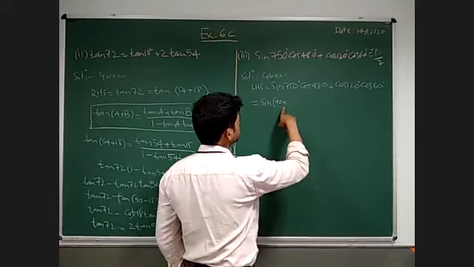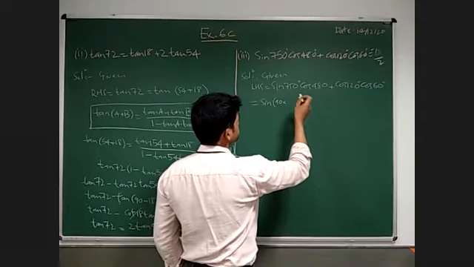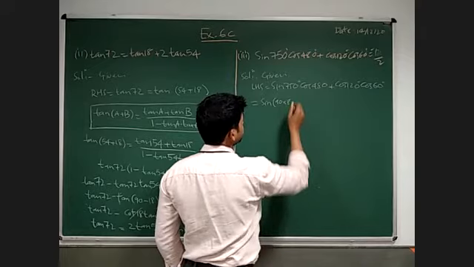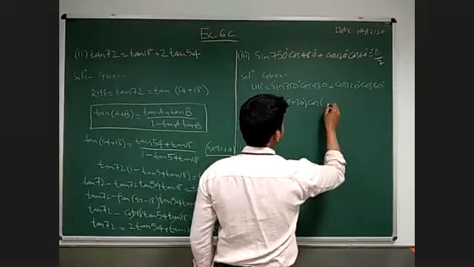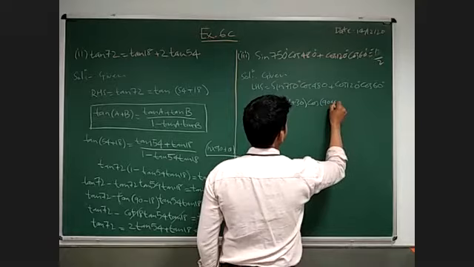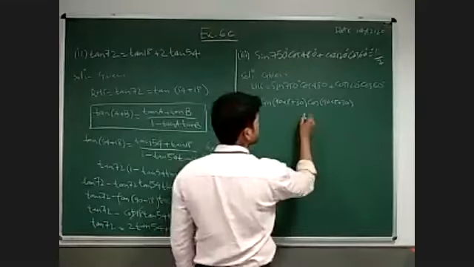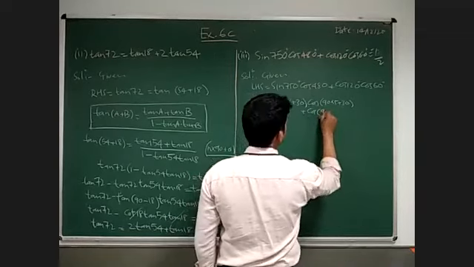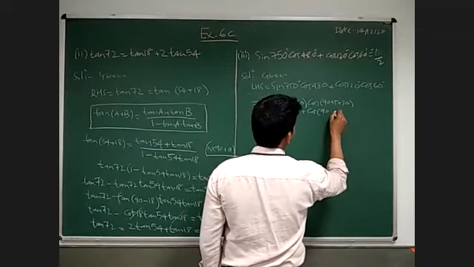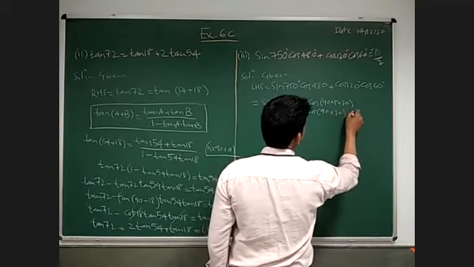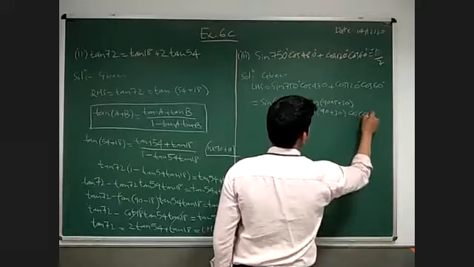So sin(90 into 8 plus 30), cos(90 into 5 plus 30), plus cos(90 into 1 plus 30) and cos 60.